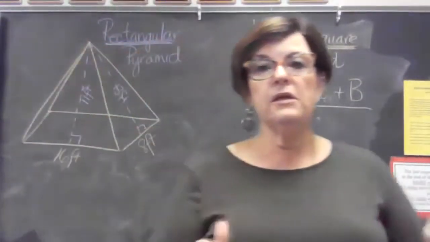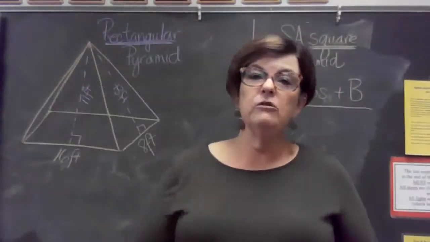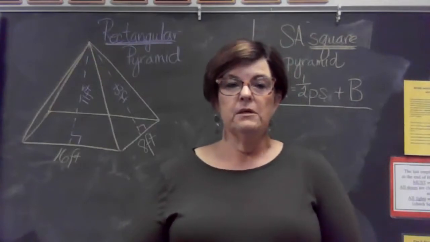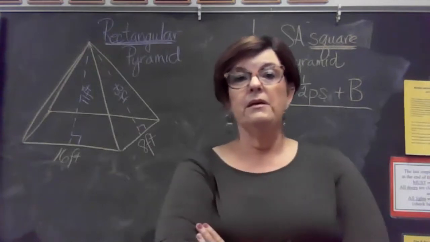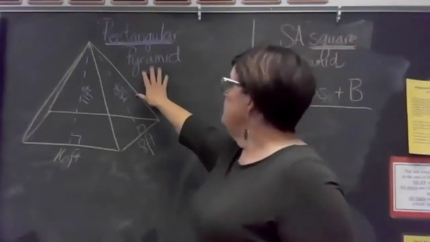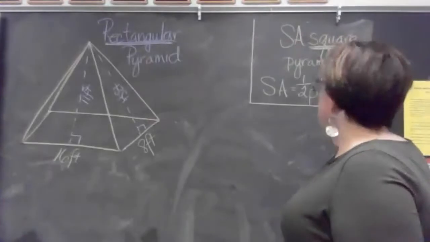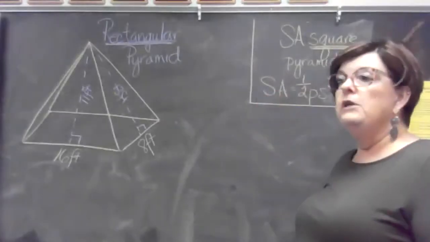Okay, to start today, I want to correct the end of my video from yesterday. The very last few minutes, we were going over an hour, and so I said that for a rectangular pyramid to find the surface area, and for a square pyramid, you can use the same formula.